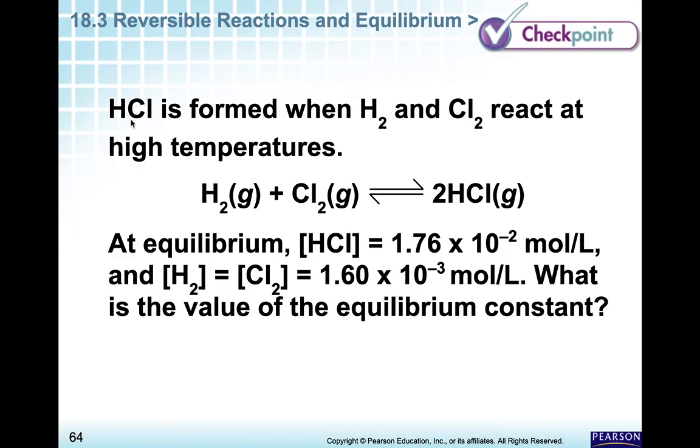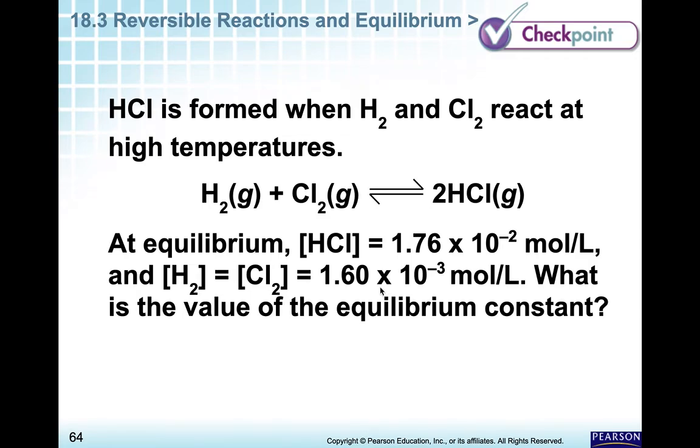Last one, we've got hydrochloric acid, or hydrogen chloride, is formed when hydrogen and chlorine gas react at high temperatures. At equilibrium, we know the concentration of hydrogen chloride is given, and we know the concentrations of hydrogen and chlorine are equal and equal to 1.6 times 10 to the negative third. We want the value of the equilibrium constant.